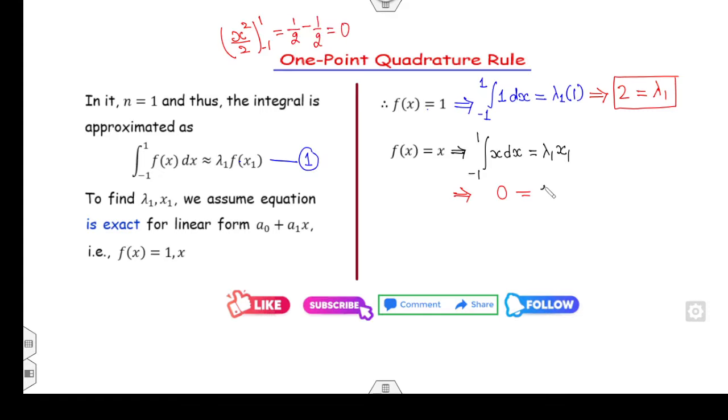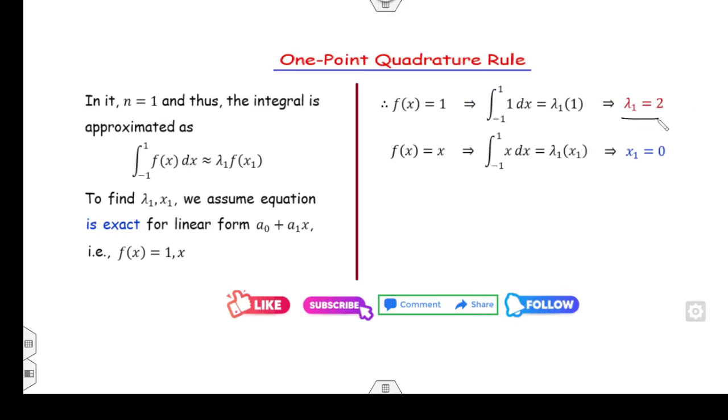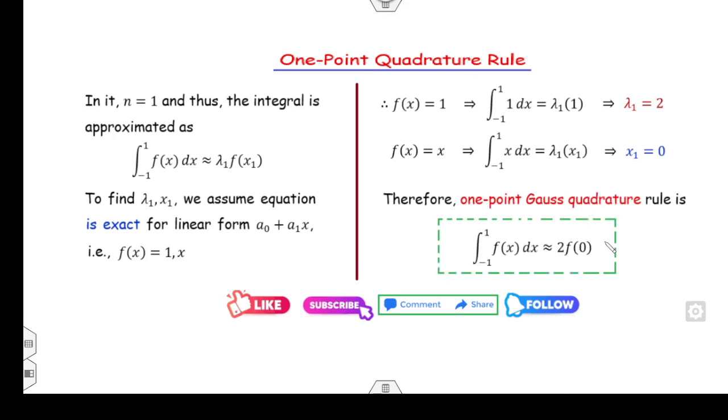And the right hand side is lambda 1, which is 2, into x1, which implies x1 is 0. Fine. Now my target was to find the values of lambda 1 and x1. Therefore, the 1-point Gauss quadrature formula becomes the integral from -1 to 1 of f(x) dx equals twice f of 0, which is the required derivation of the 1-point Gauss quadrature formula.